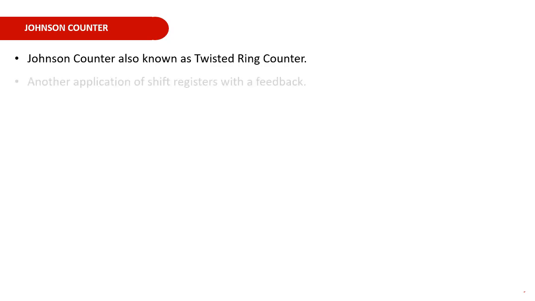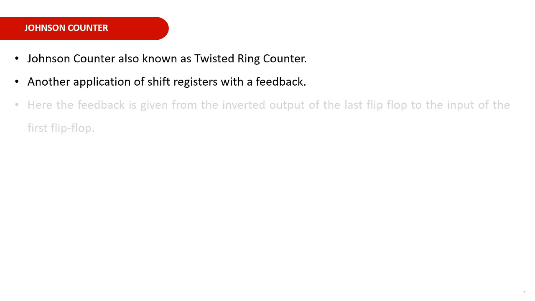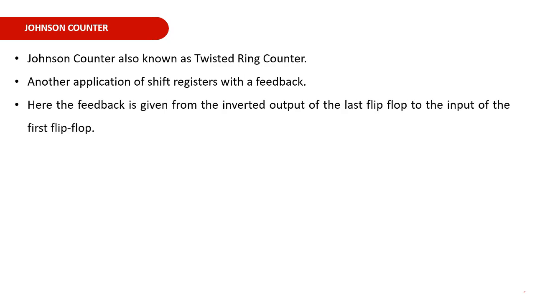So next is the Johnson counter. The Johnson counter is just like a ring counter. It is again an application of the shift register. This Johnson counter is also known as the twisted ring counter.